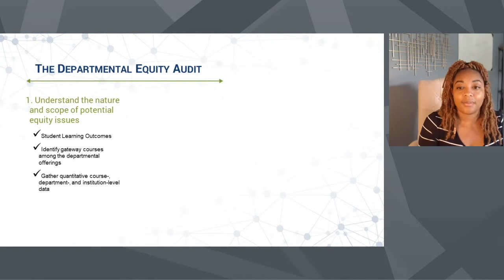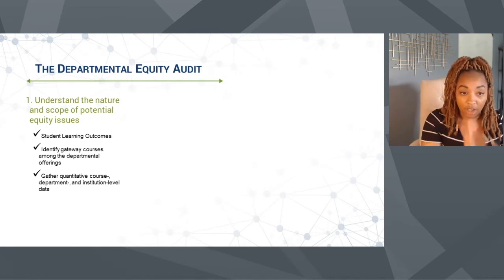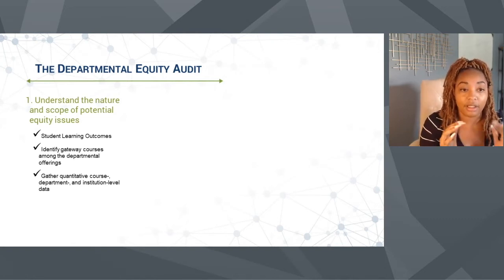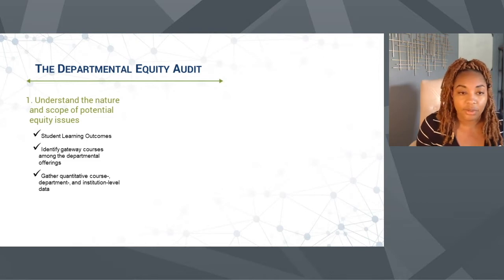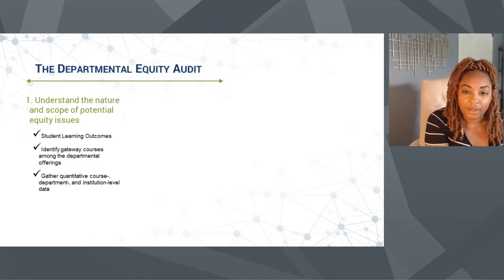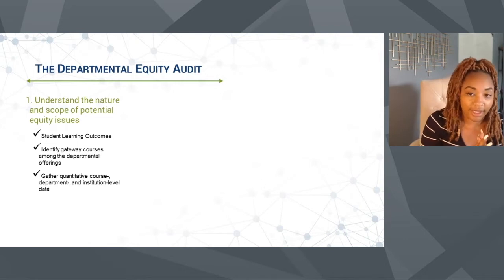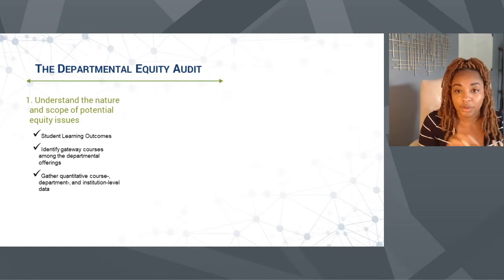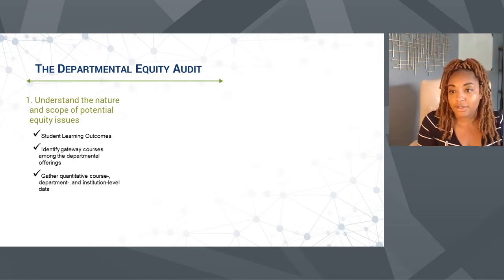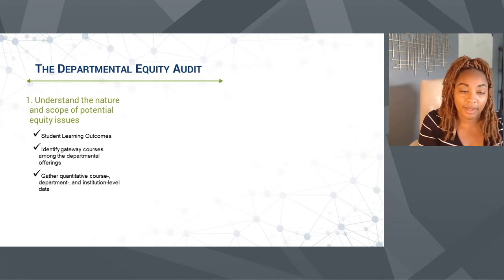However, the caveat is that data alone, particularly quantitative data alone, is very limited in the stories that it can tell, right? And when we focus only on the gap between student learning outcomes of white and minoritized students, what we're doing is we're normalizing whiteness and we're continuing to measure minoritized students against whiteness, right?